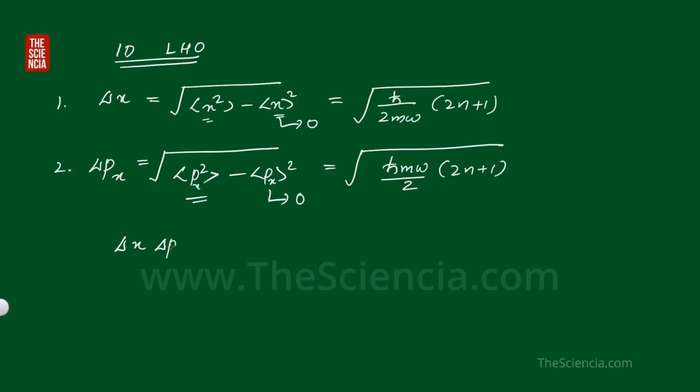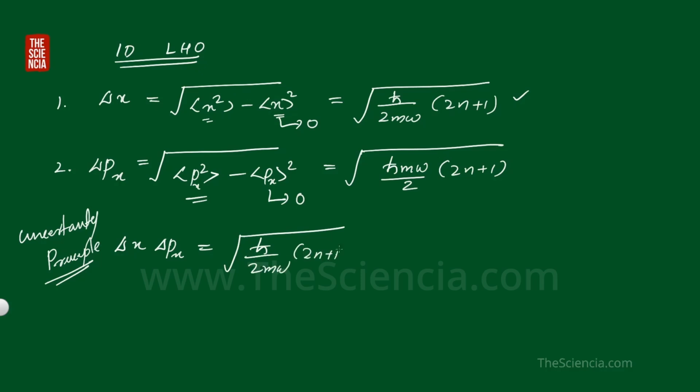So what is the product of the uncertainties, delta x delta px? This is the uncertainty principle. We know delta x is root of h cross by 2m omega into (2n plus 1), and delta px is root of h cross m omega by 2 into (2n plus 1).